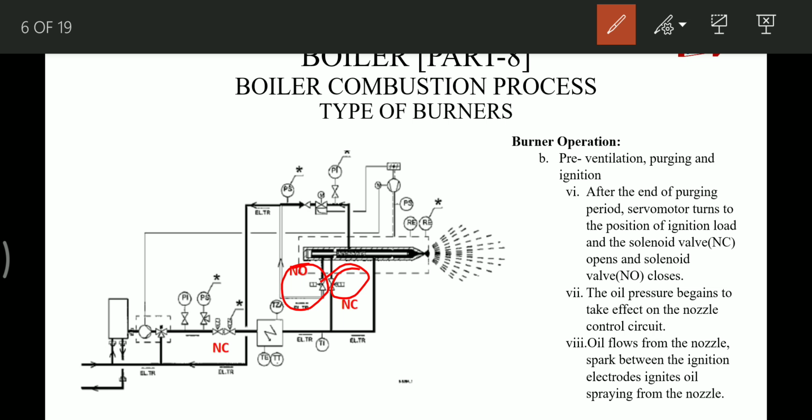So the oil flows like this and this and this. The oil pressure begins to take effect on the nozzle control circuit. The oil flows from the nozzle, and sparks between the ignition electrodes ignite the oil spraying from the nozzle.